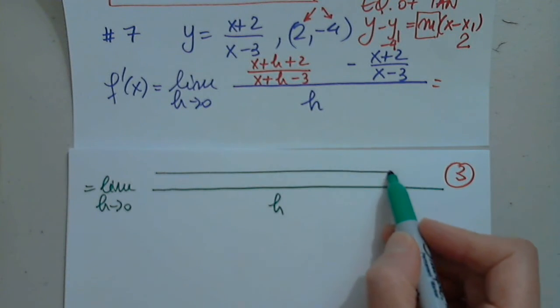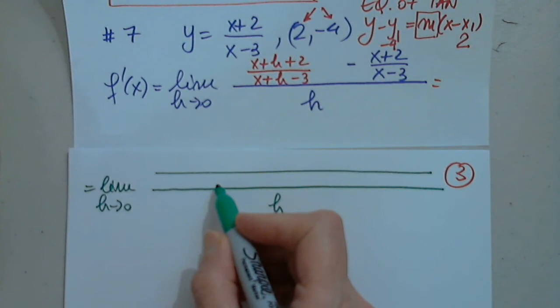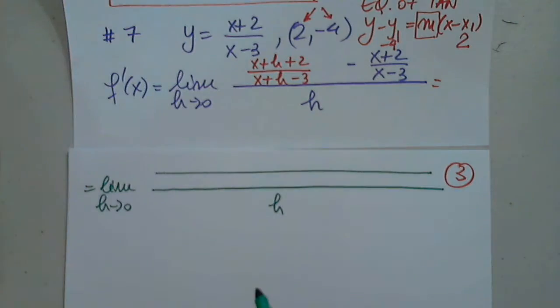Very good. In the numerator. Okay, can anyone give it to us? You would just multiply the second one by h. So x plus 2 over x minus 3, multiply that by h.